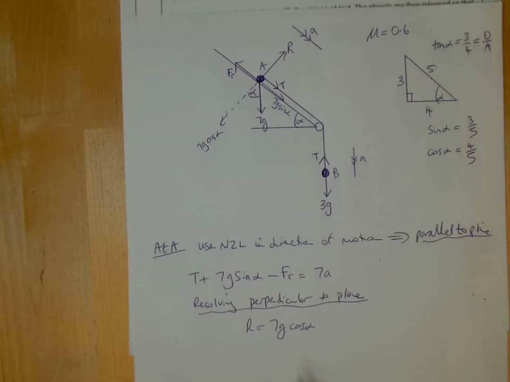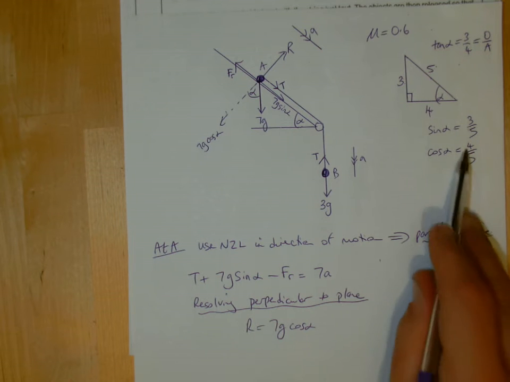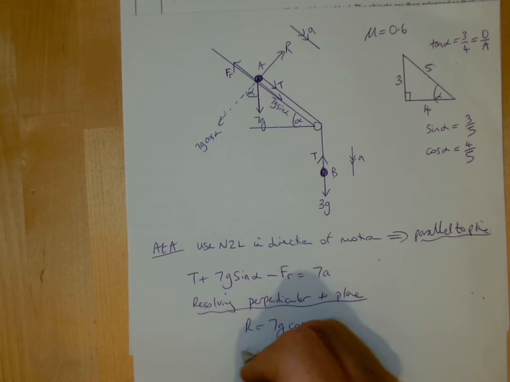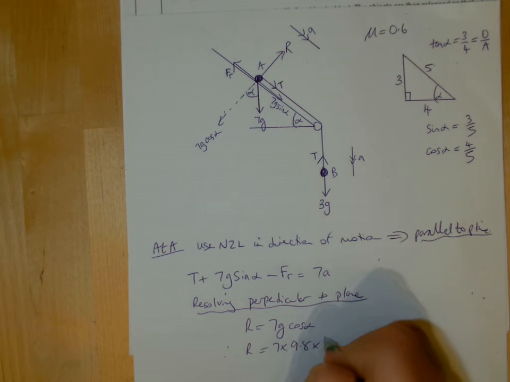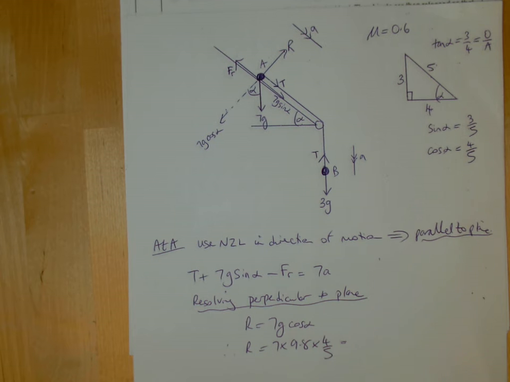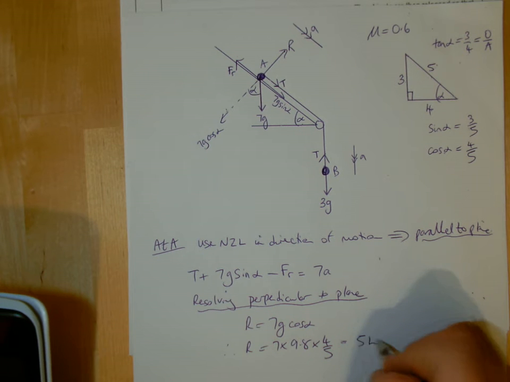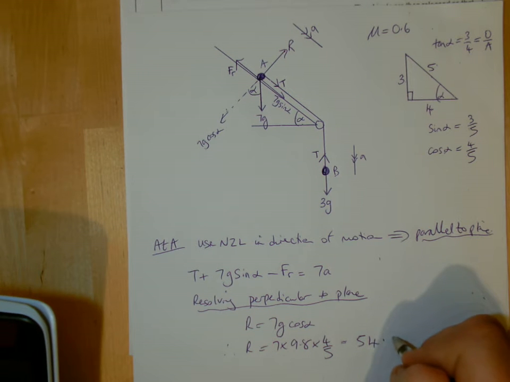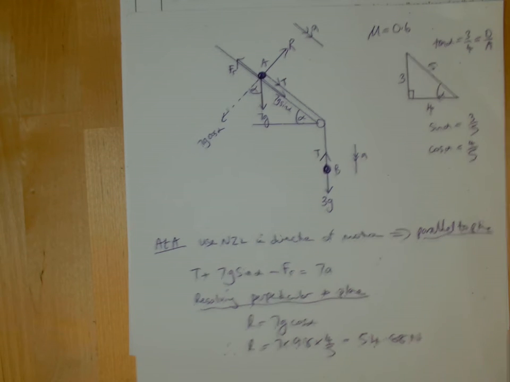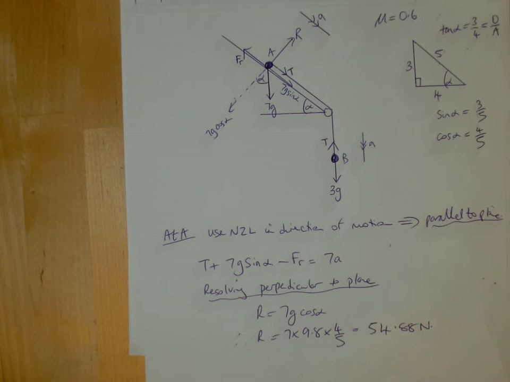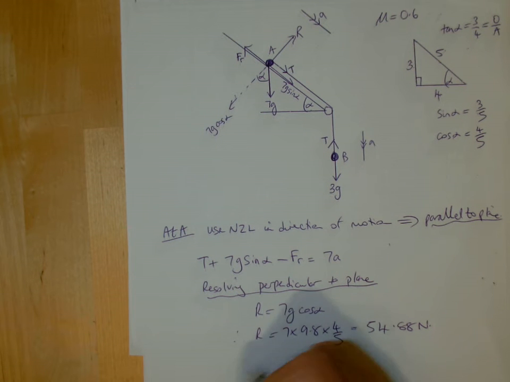What's good is we know cos alpha is 4 over 5, so R will equal 7 times 9.8 times 4 over 5. Working that out on my calculator, we get 54.88 newtons.